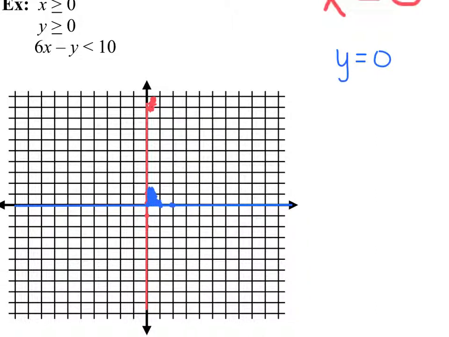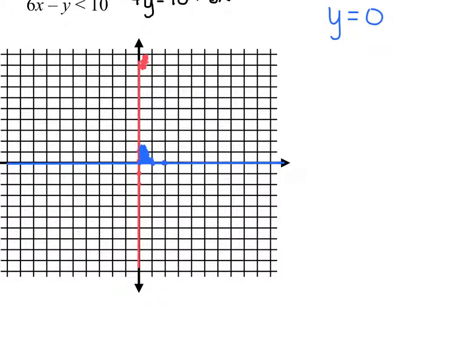And then I'm also going to do this line, and I'm going to put it in slope-intercept form. So negative y equals 10 minus 6x, which would make it positive, negative, positive. So my y-intercept would be negative 10, and my slope would be positive 6. So 1, 2.